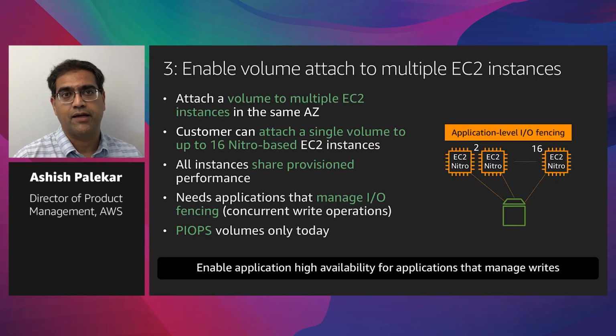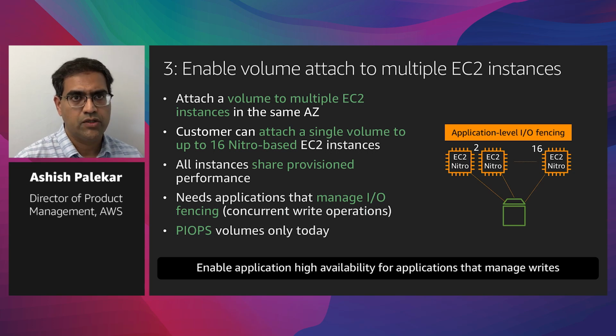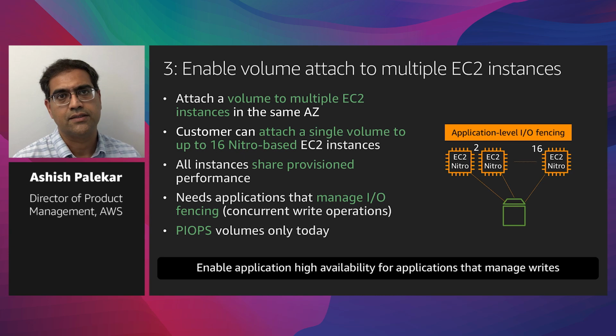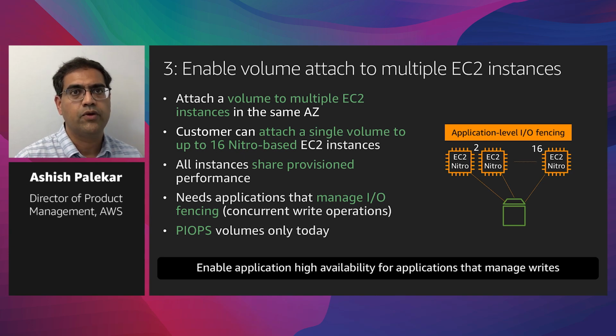Innovation number 3 in this bucket. Up until February of this year, customers were able to connect EBS volumes to a single EC2 instance. In other words, an EBS volume could be attached to one and only one instance.